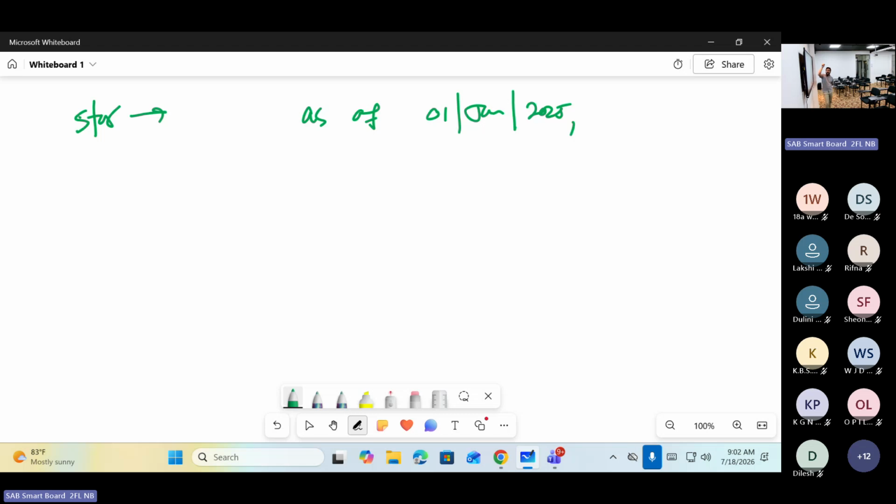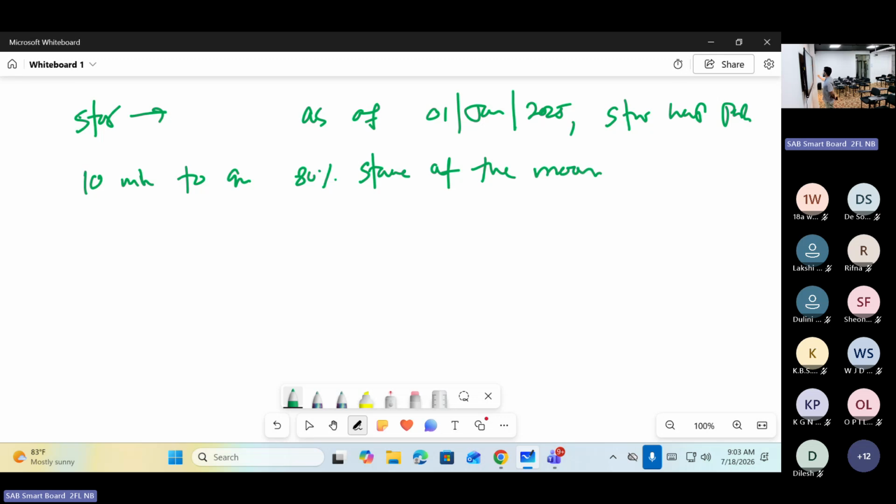Star has paid rupees 10 million cash consideration to acquire 80% stake of Moon.